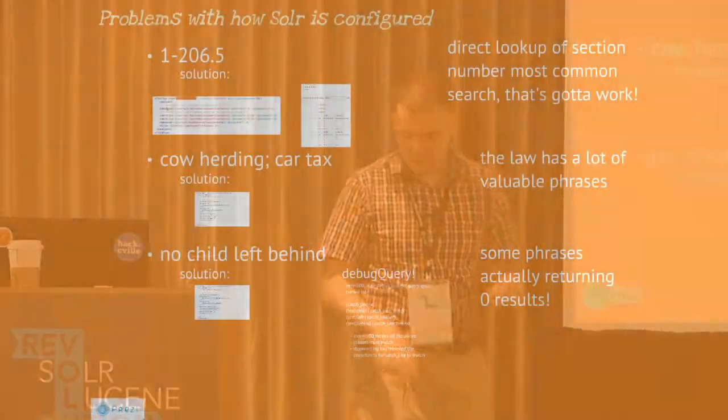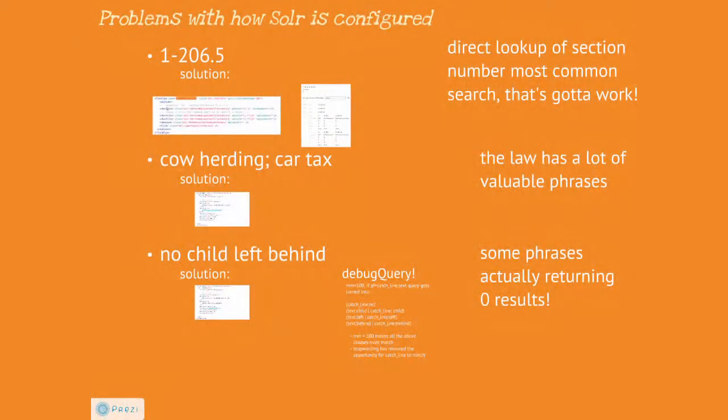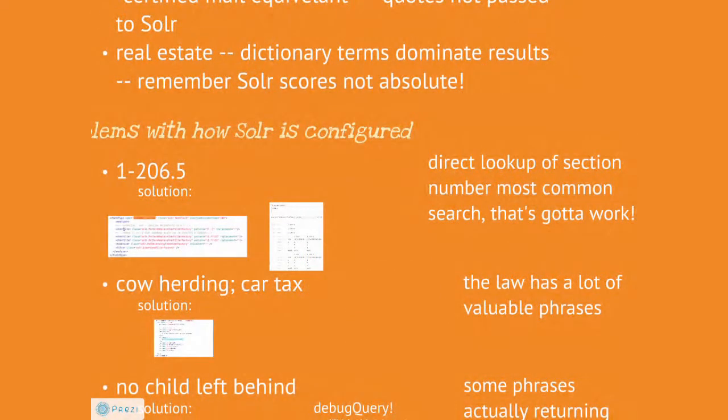Then we get into the meaty problems where we're actually digging into Solr configuration. All of these searches, we addressed entirely with vanilla Solr. One of the most popular searches is, of course, someone typing the section name into the search and expecting that law to come back.